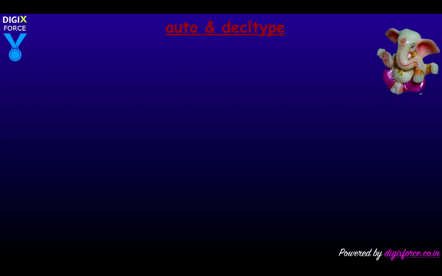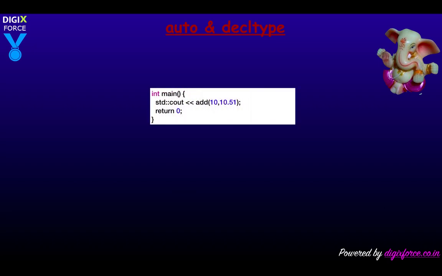One of the features is auto and decltype, which I would like to discuss with you, because for compiling the C++14 standard I need this. Suppose I have a function add, and here is a function call. We are calling the add function by passing 10 and 10.51. One is an integer type, another is a double type. So how will you write its prototype? What will be the return type? That matters.